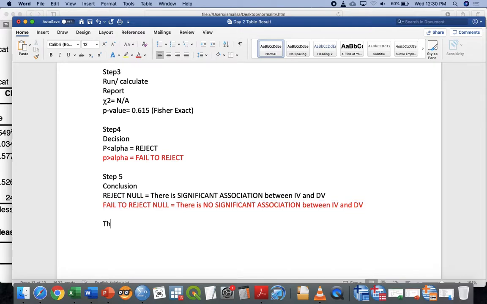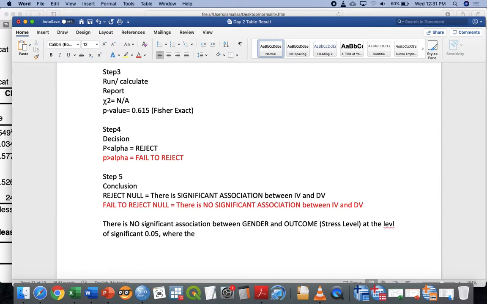And what is your conclusion in terms of write-up? You will write something like this. There is no significant association between gender and outcome. Outcome is what? Stress level. At the level of significance 0.05, where the Fisher exact value is equal to what, and the p-value.